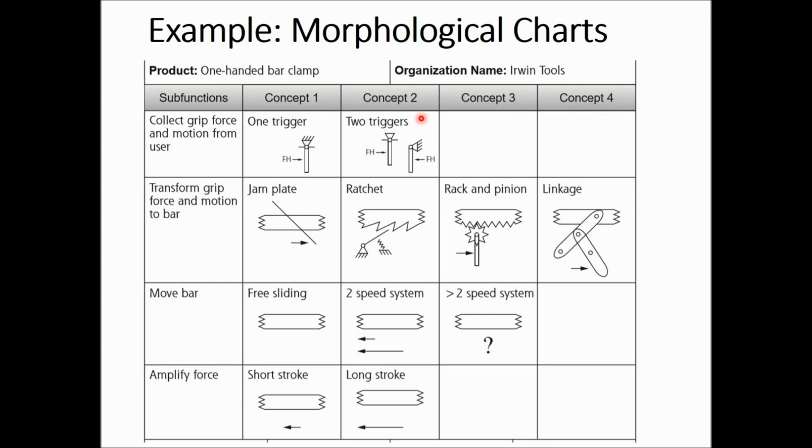possible concepts, possible technological solutions, and these are the sub functions that we identified, sub problems. And for each sub problem, you can identify different concepts that you can use. And of course, again, you need to have certain engineering knowledge to do this.